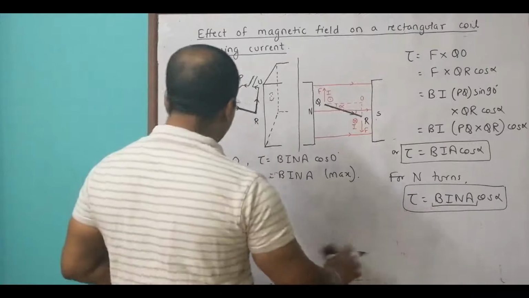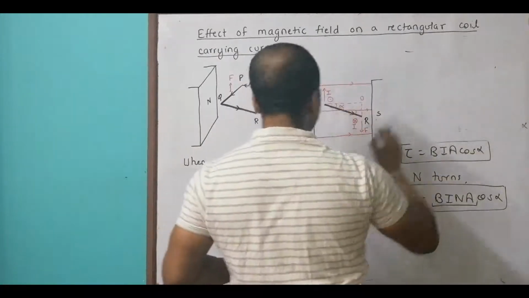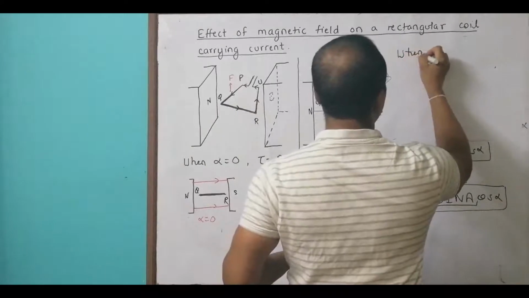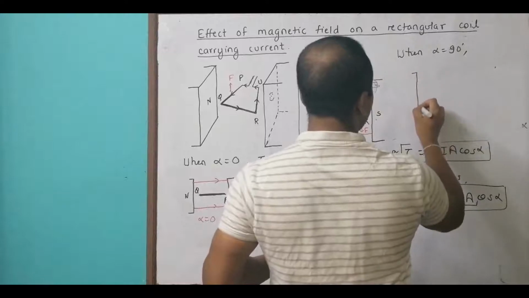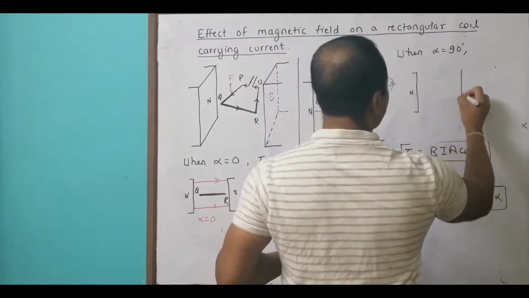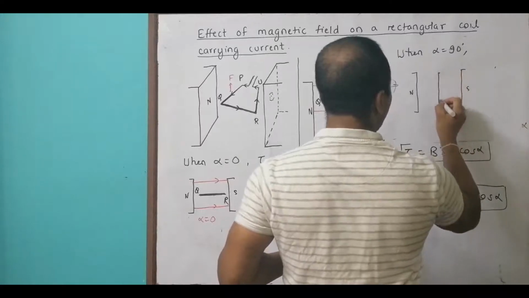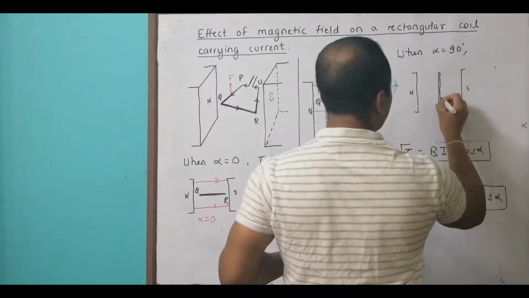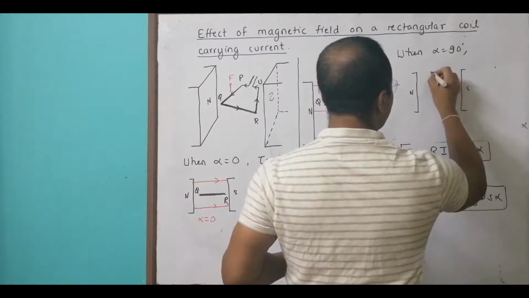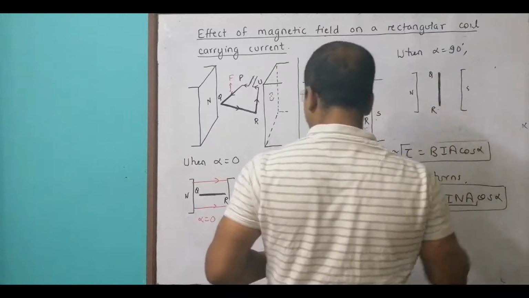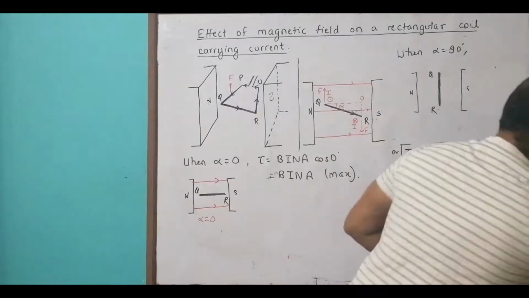Now if I do the same for alpha equal to 90 degrees, the diagram will be like this. This is the N pole, this is the S pole, and QR will be like this. This is QR. This is how QR will be situated. So this is Q, this is R. Now if they are the field lines, let me place this coil here.